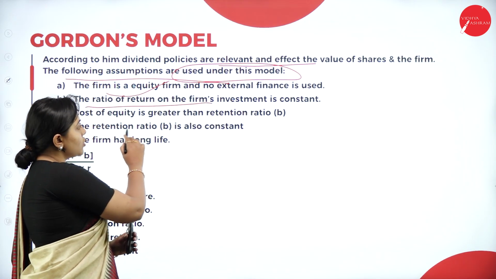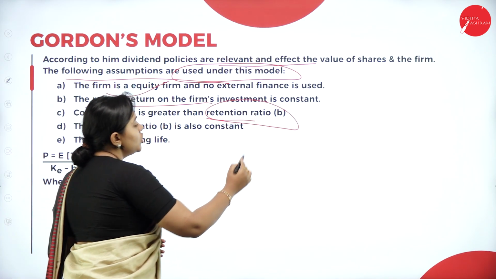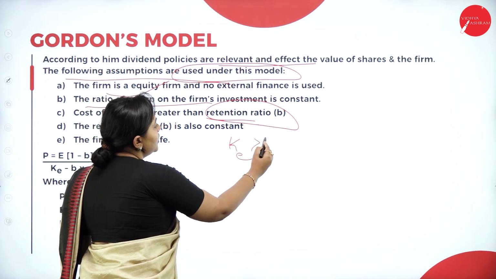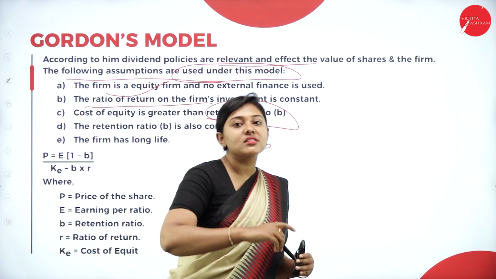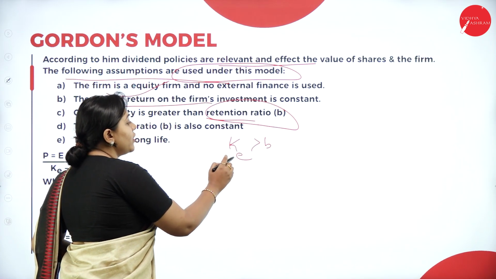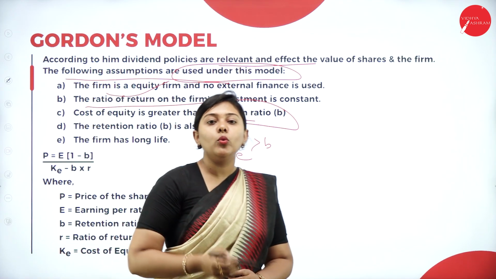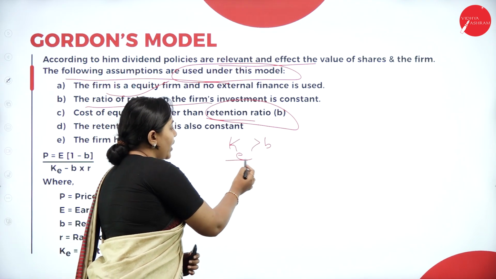The next assumption is that the cost of equity is greater than the retention ratio. Here we have B. What does B indicate? It is nothing but the retention ratio. Cost of capital, equity capitalization rate, or capitalization rate are all one and the same.